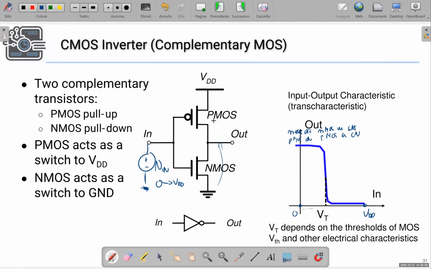Due to this fact, some current flows and the current is no longer zero.